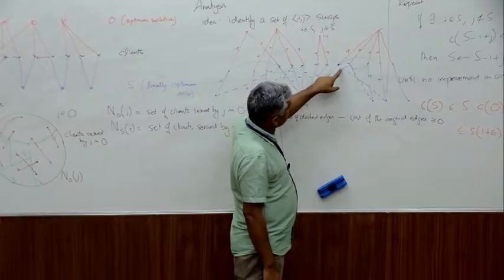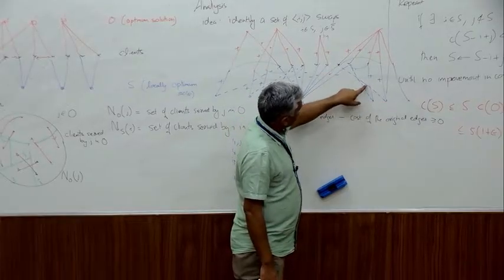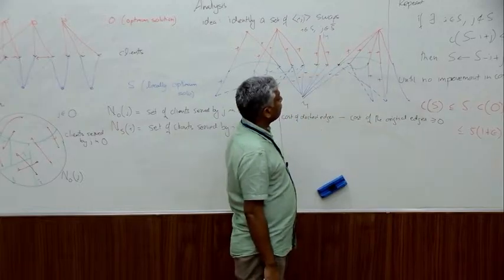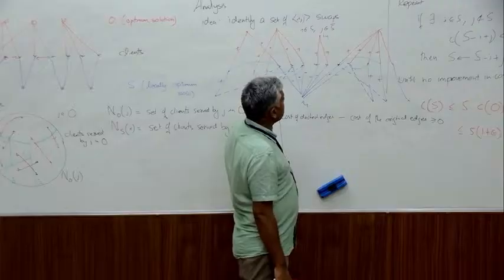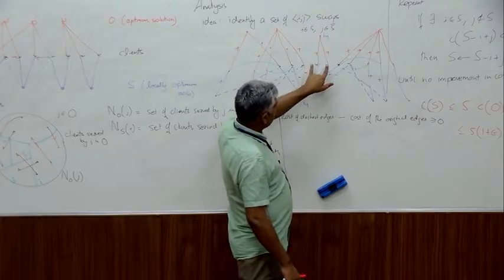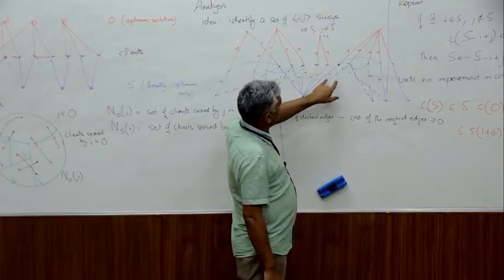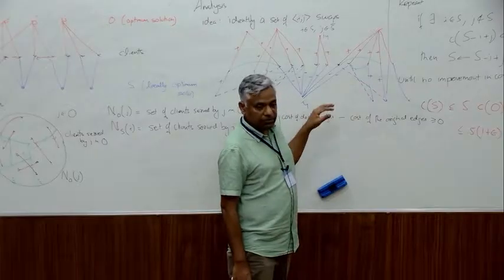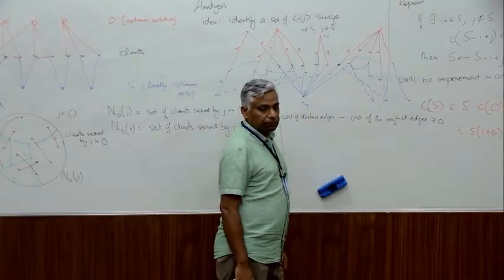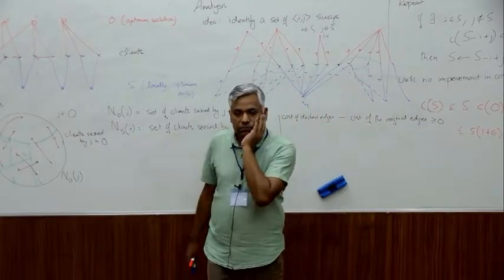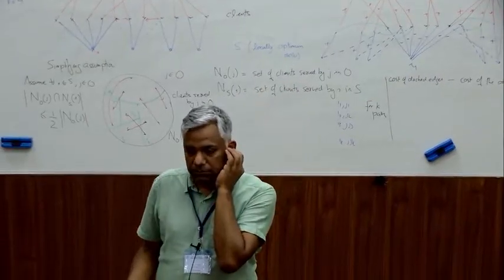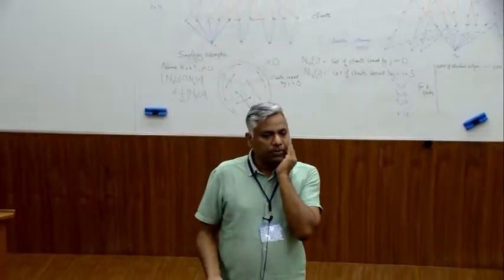I put a minus here, and I put a plus not on this edge but on the path corresponding to it. So for a minute we are going to forget about this. Every edge is going to see a minus and a plus, each one of the blue edges. What can you say about the red edges? Are the red edges seeing any minus? No, they are seeing a plus. How many pluses will a red edge see?